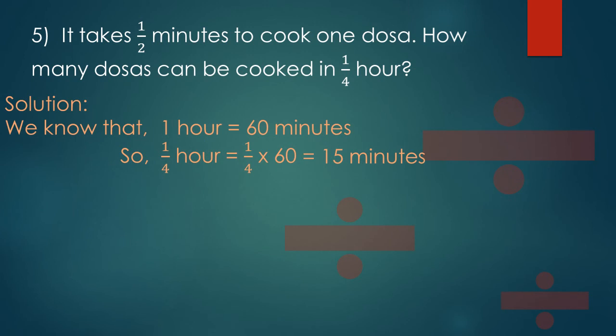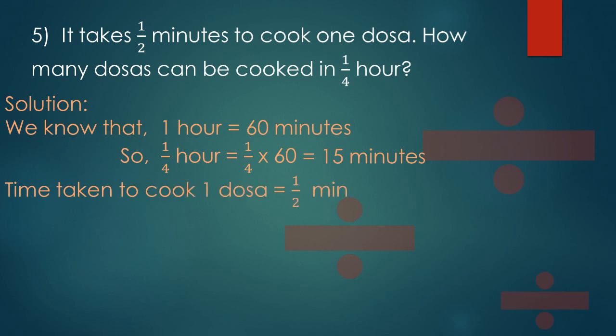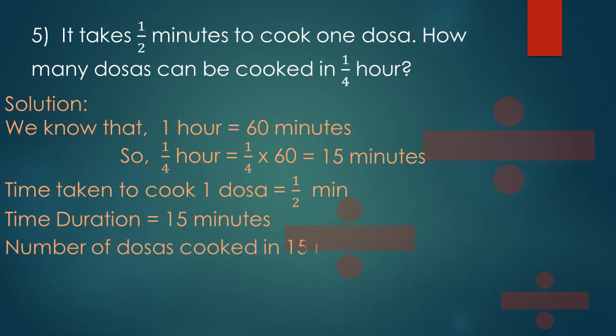Let us solve. So the first statement is: time taken to cook one dosa is equal to half a minute. And the second statement is: time duration is equal to 15 minutes. And the third statement is: number of dosas cooked in 15 minutes is equal to 15 divided by 1 upon 2.